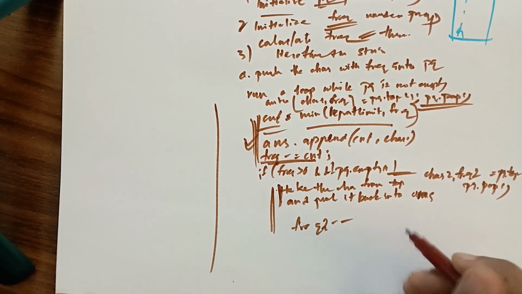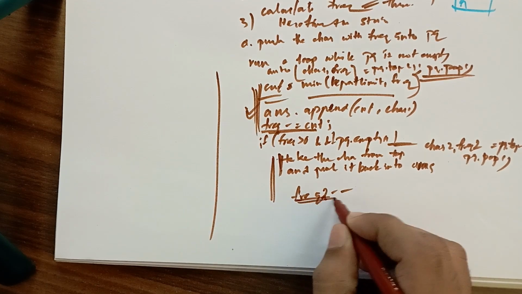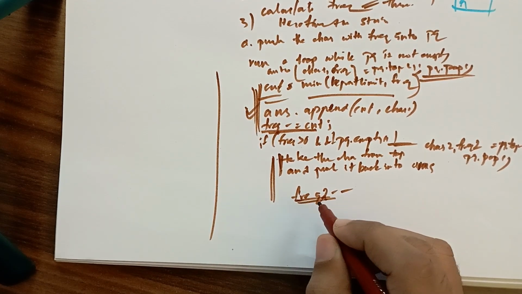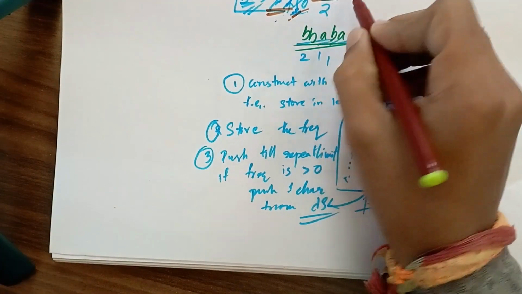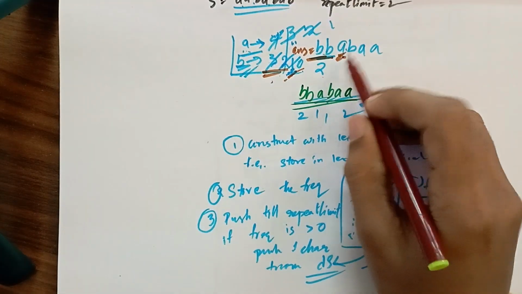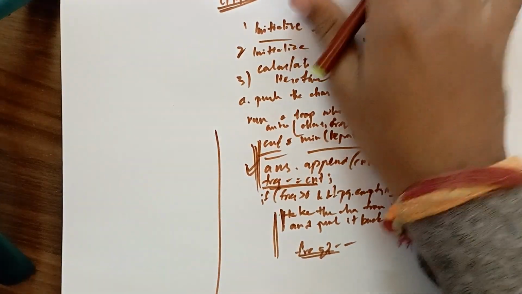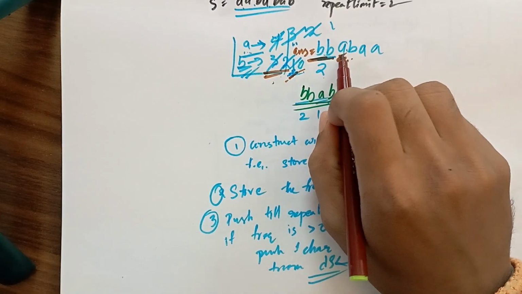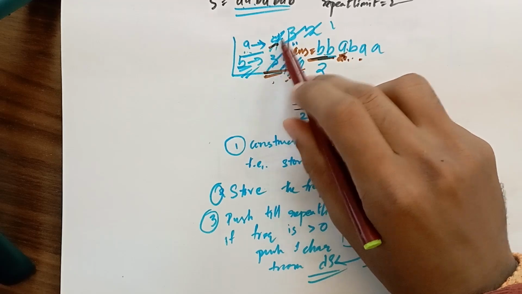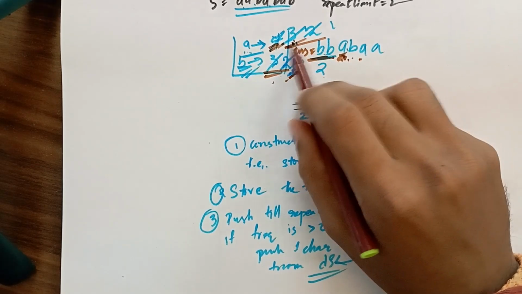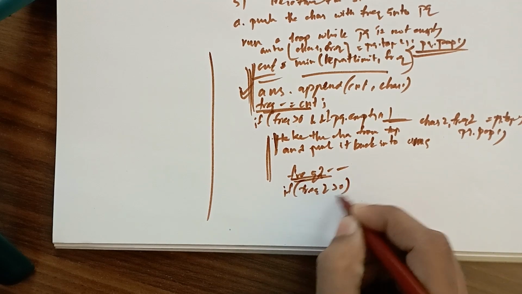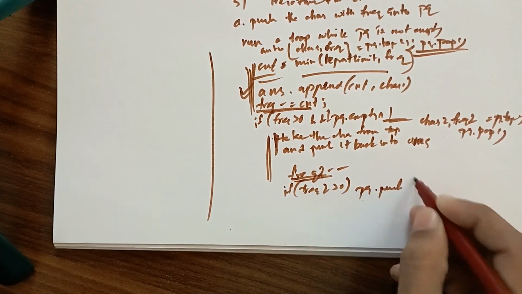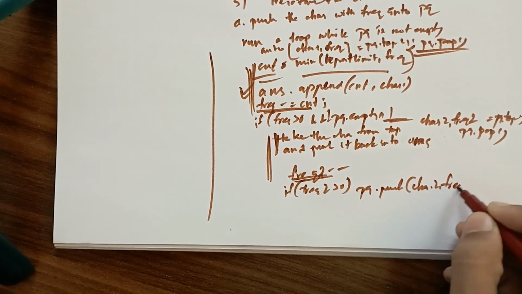So we'll be doing the same, and even after reducing the frequency of the next character, like here we got a, this is the next character, and here we have the frequency after removing, it will be 3, so it has a frequency greater than 1. So in this case, if frequency 2 is greater than 0, we'll be pushing back character 2 and frequency 2.